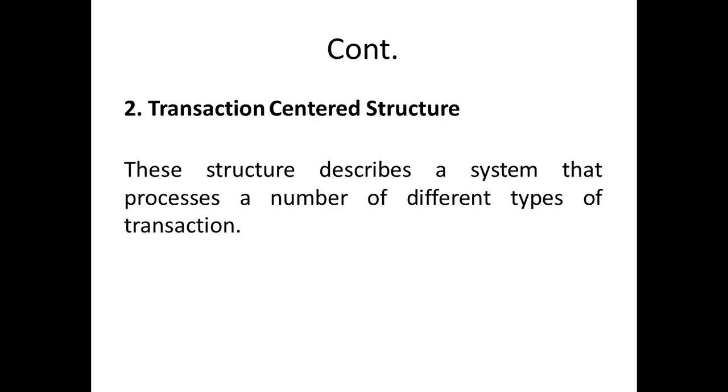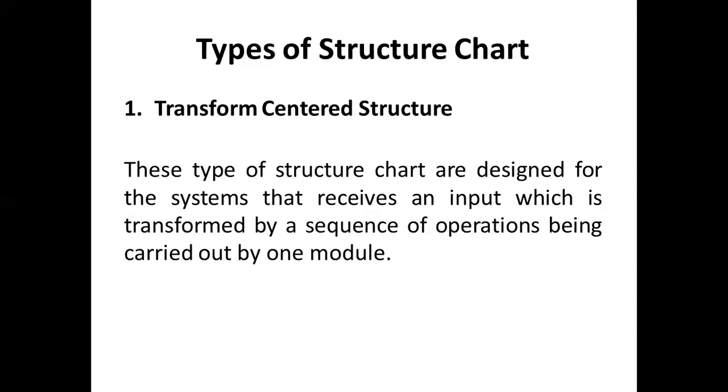Suppose for a hotel management system, you can draw the structure chart with the help of the various special symbols. And for an inventory system, or other small problems, you should try to draw the structure chart. I will give you one or two problems so that you can try to draw the structure chart.